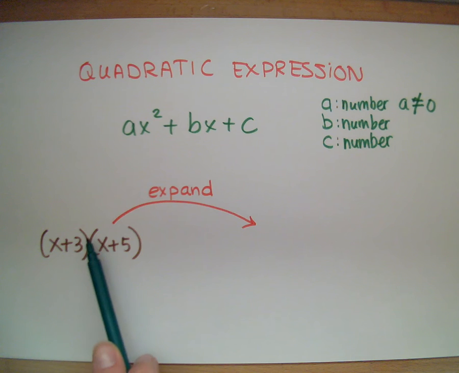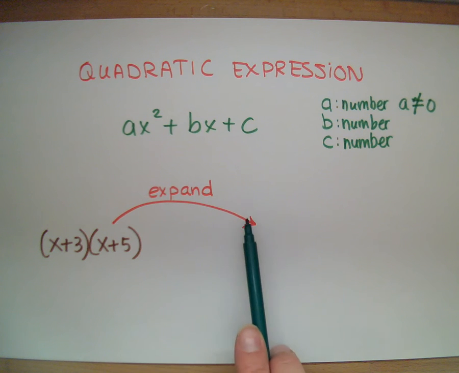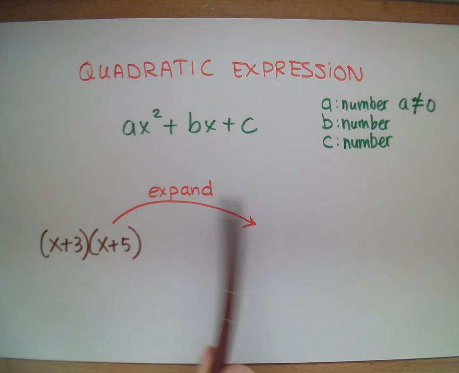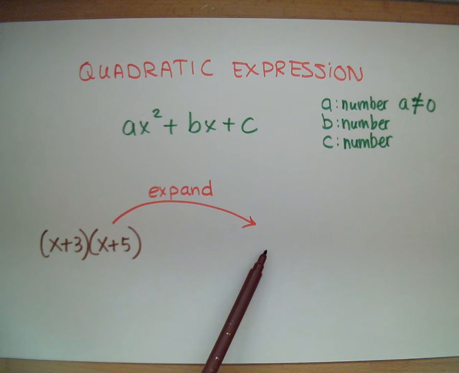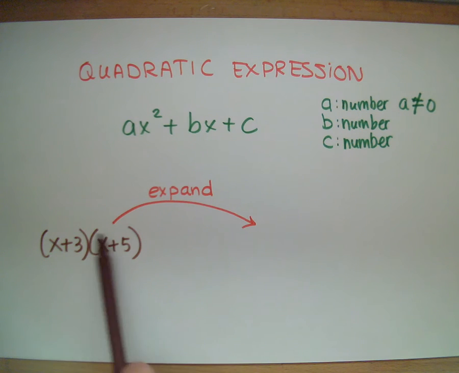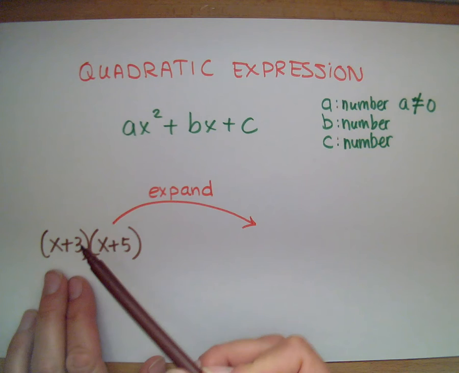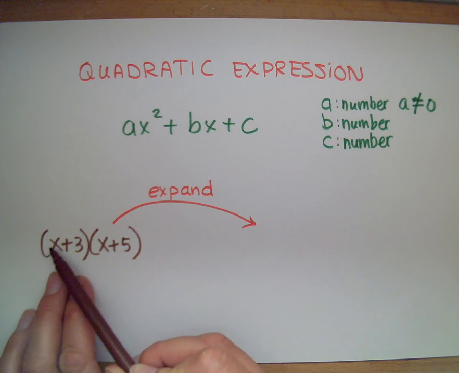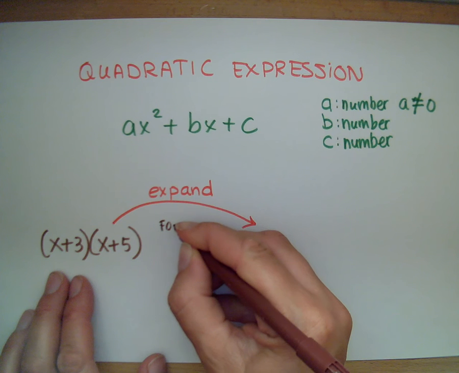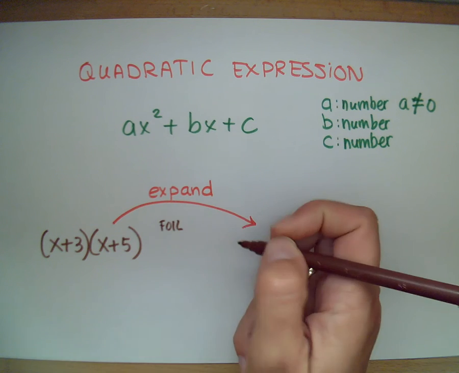To show you how factorizing quadratic expressions is the opposite, again, of expanding, let me take this expression, expand it, and then show you that factorizing is doing the inverse. The way we would expand this is to, some people remember FOIL, first, outside, inside, last.